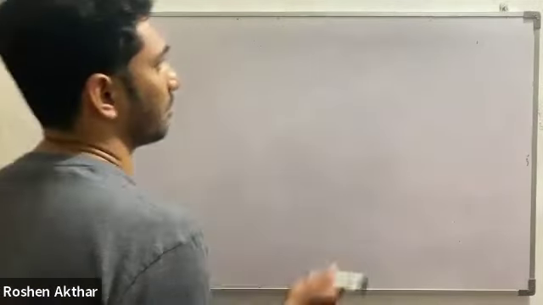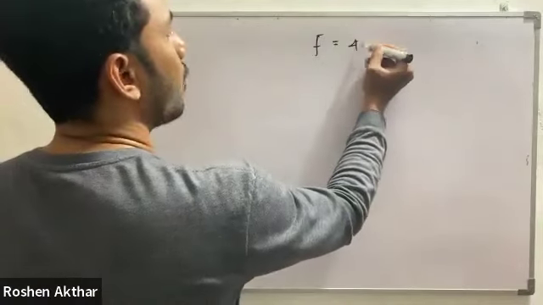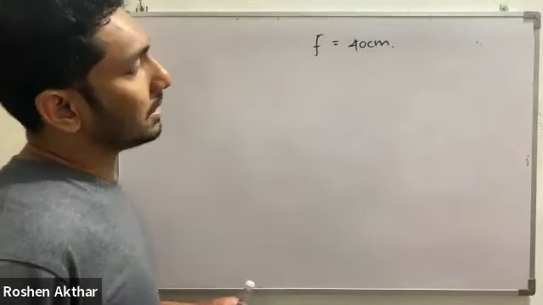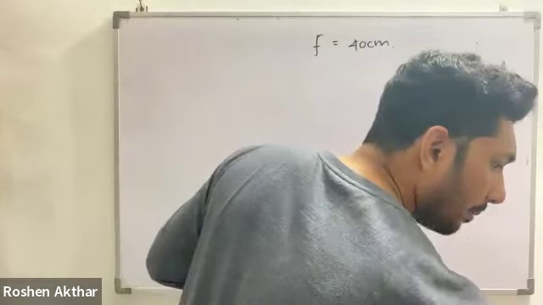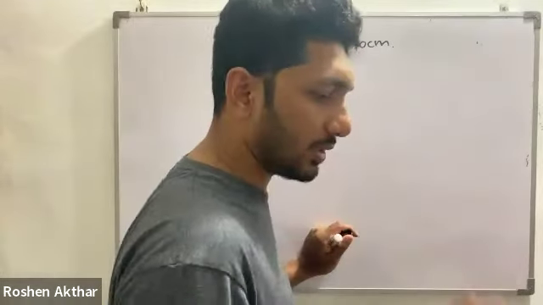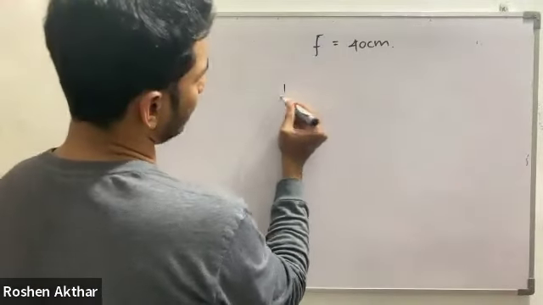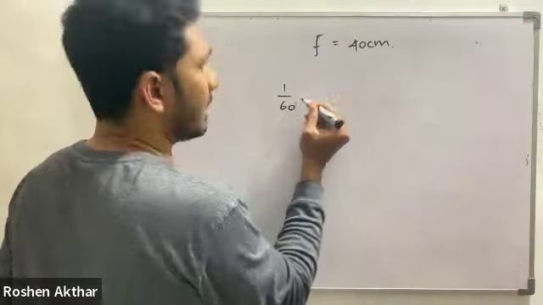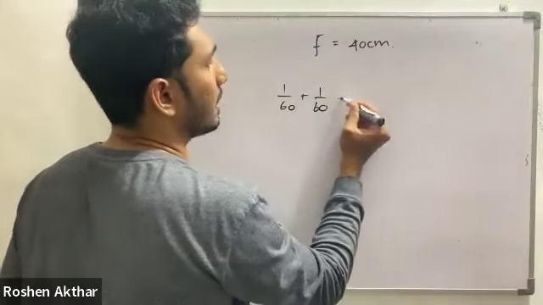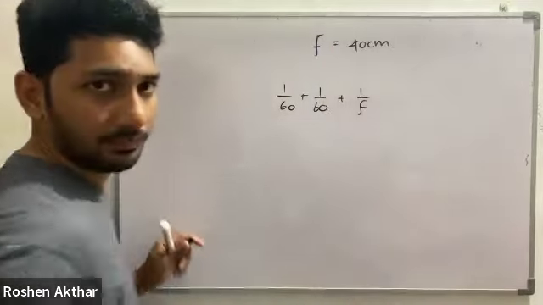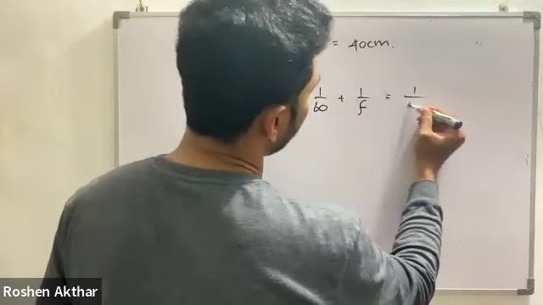So what is meant by getting the image at infinity when you keep it at 40? It means that 40 centimeter is the resultant focal length. So the new focal length is 40 centimeters. This is a combination of three lenses, two 60 and 60 convex lenses and one concave lens. So you say 1 over 60 plus 1 over 60 plus 1 over unknown equal to 1 over 40.